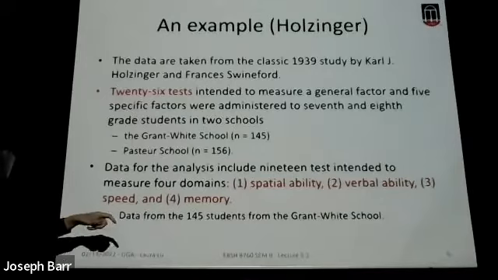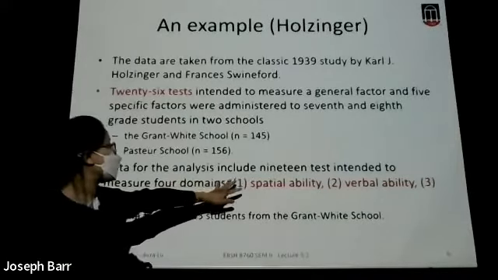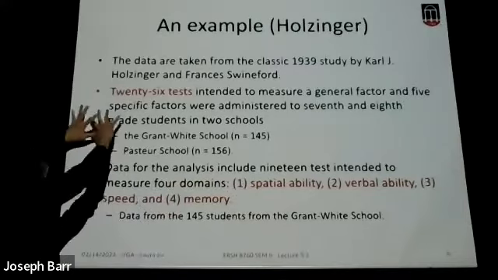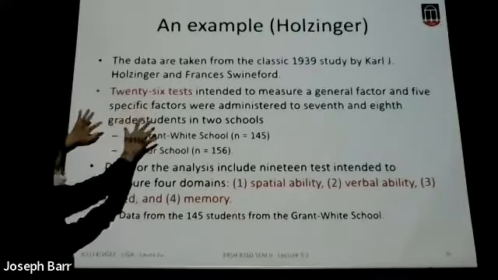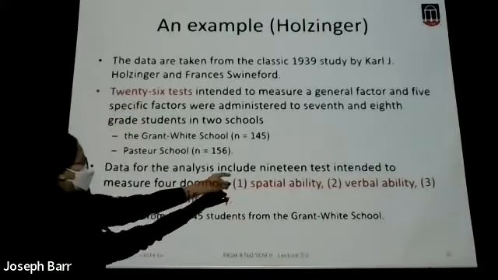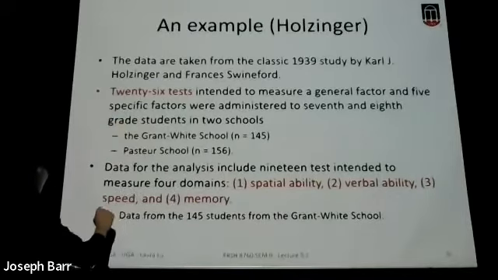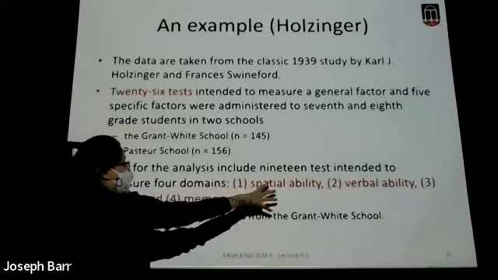This is the general introduction of the total dataset. We're trying to get 19 tests from the 26 tests, and we're trying to measure these 4 domains.